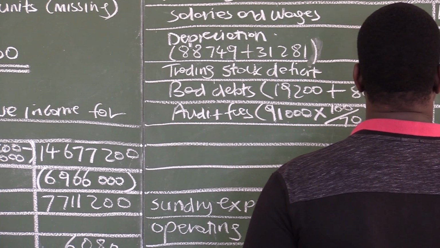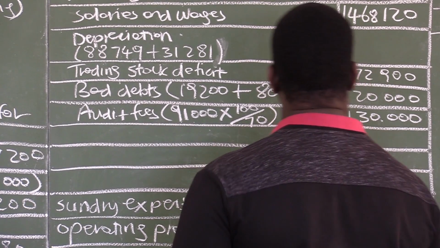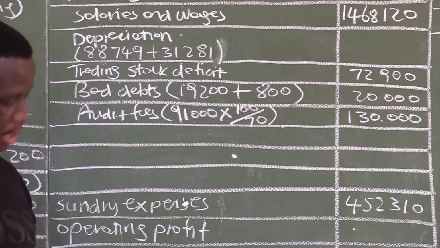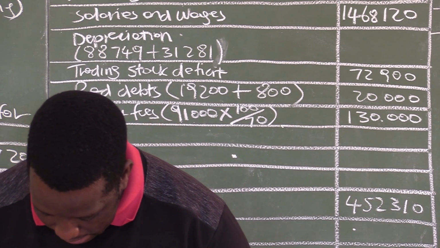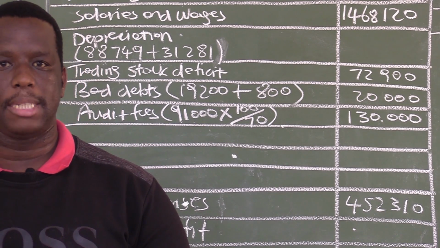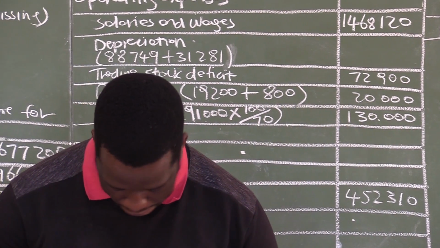So the correct amount, 100% of the audit fees, is 130,000, because we were told that 30% of audit fees is still outstanding, which suggests that the amount that was paid is only 70%.